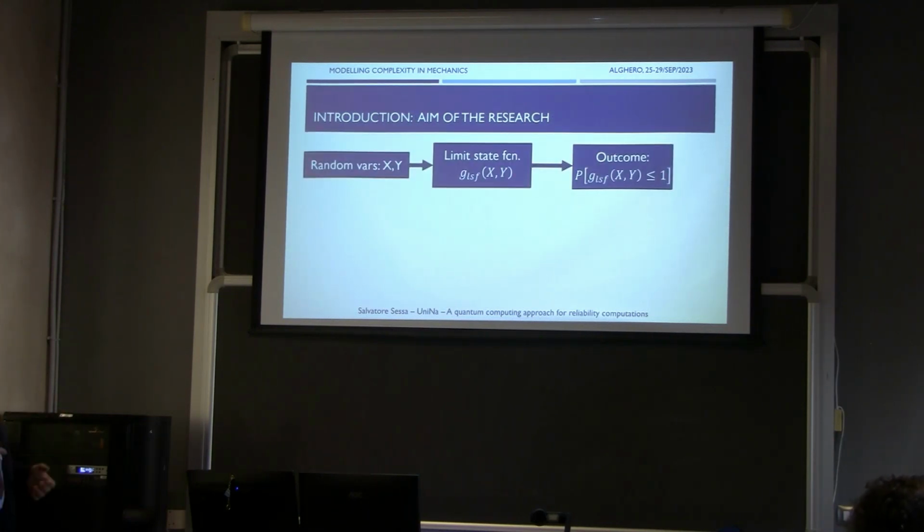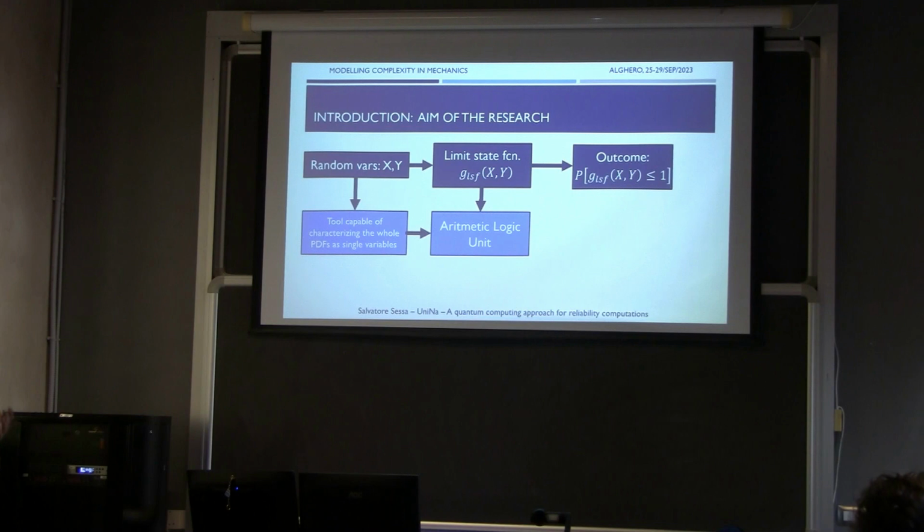The basic idea is that the very same reliability problem could be addressed in a completely different way. In particular, imagine if we can define a tool that is capable of characterizing each single random variable, containing the whole probability density function of the considered parameter.